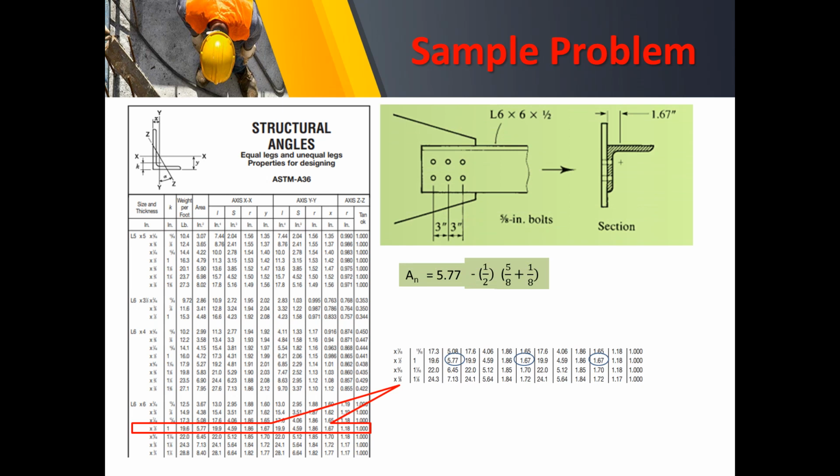We'll just add 1/8 to the 5/8 inch bolts, and then multiply it by 2, since we have 2 bolts per section. So that would yield 5.02 square inches.